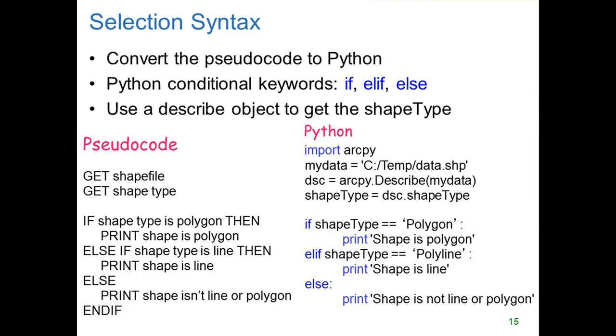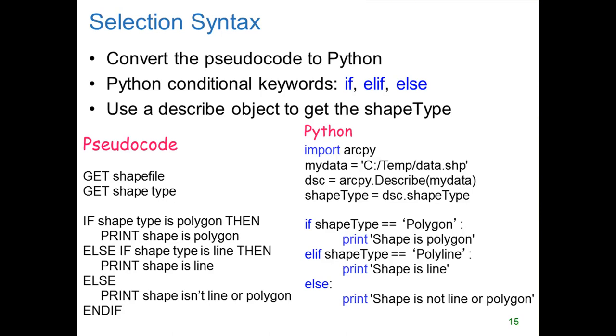We just went ahead and checked. We said dsc.shapeType, right? Without checking whether the thing is going to have a shape type or not. If you change this to a raster file name, it's going to give you an error when you get to this line.